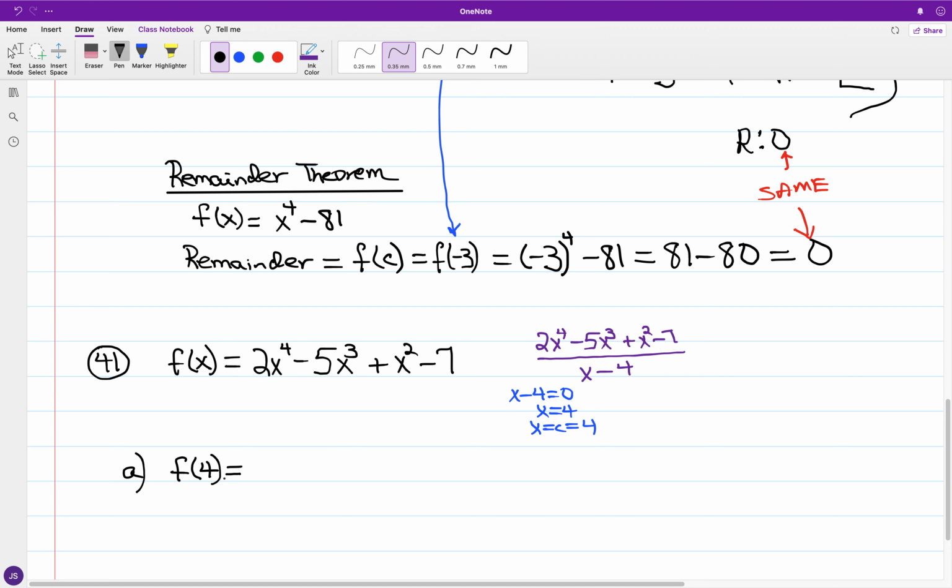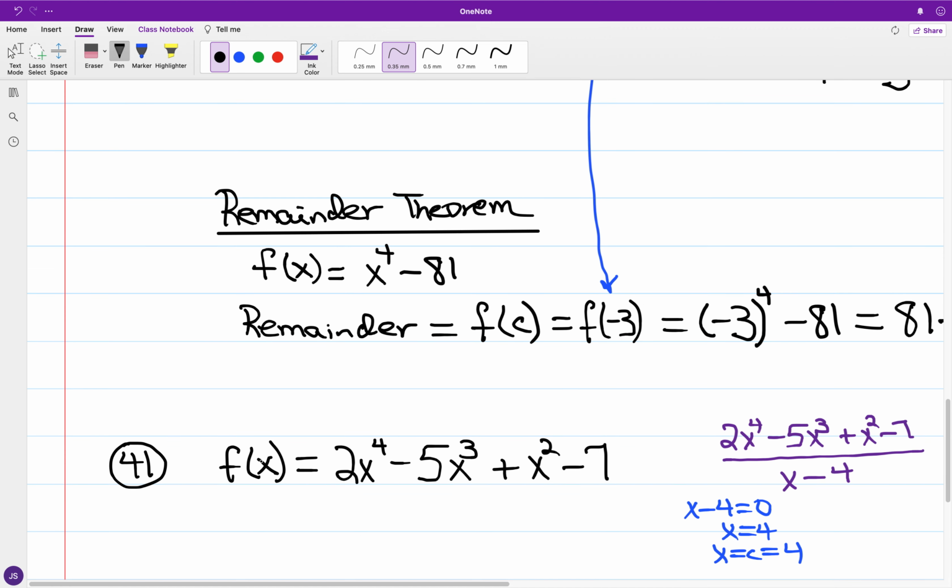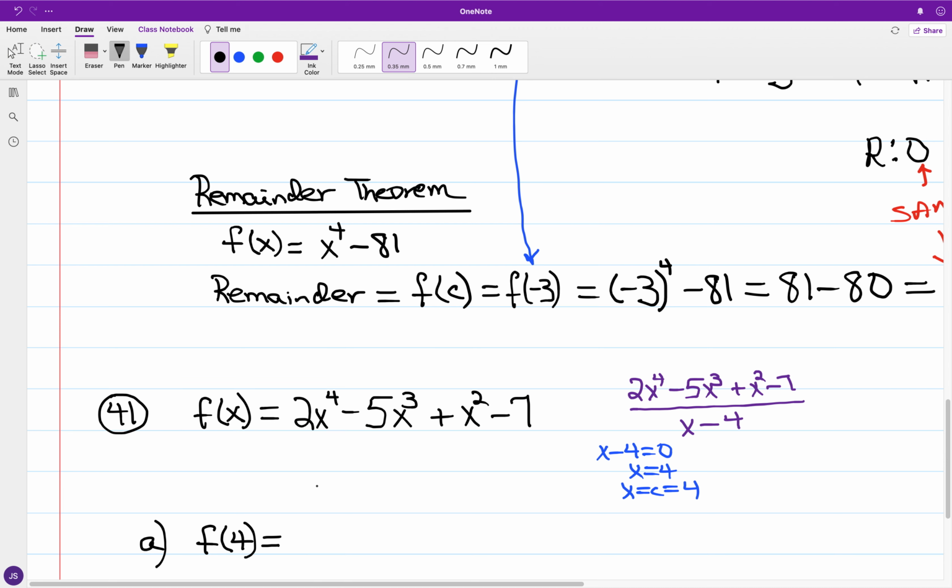we have with x at 4, so we're looking at 2 times, again we have 4 to the 4th, minus 5 times 4 to the 3rd, and we have plus 4 to the 2nd, minus 7.